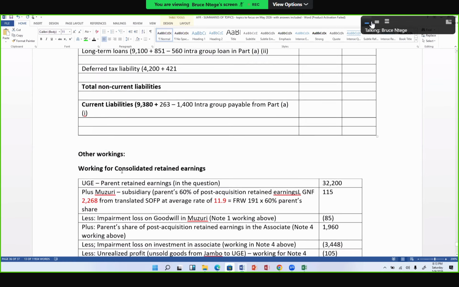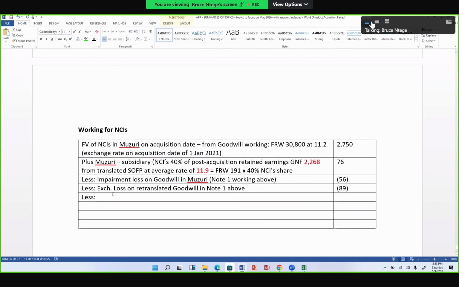I'll say less the NCI's share of the exchange loss on translated statement of financial position of Mzulu from part B, which is 378. So I have a 378 in there.